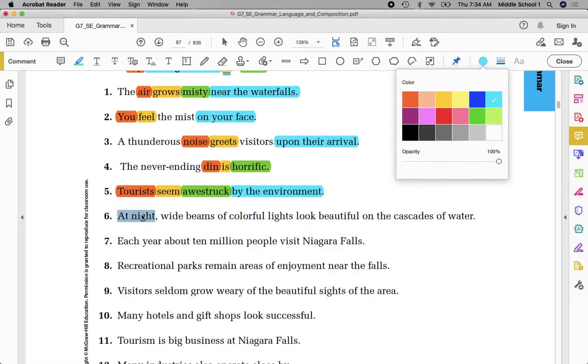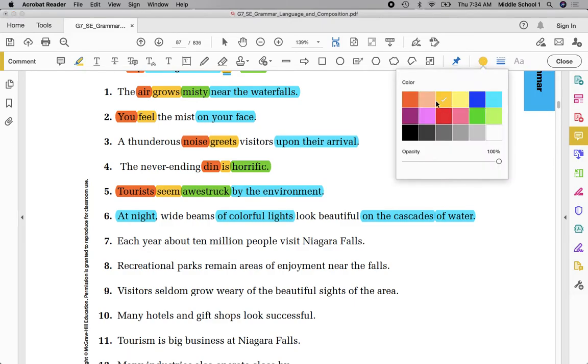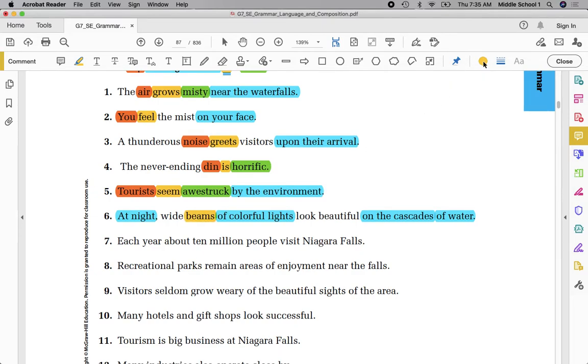At night, prepositional phrase. Of colorful lights, prepositional phrase. On the cascades of water. Wow. Do you see how removing those prepositional phrases in this longer sentence in number 6 is going to make my work a whole lot easier? Can you see how easy it is now to find where my subject is? My subject is beams.